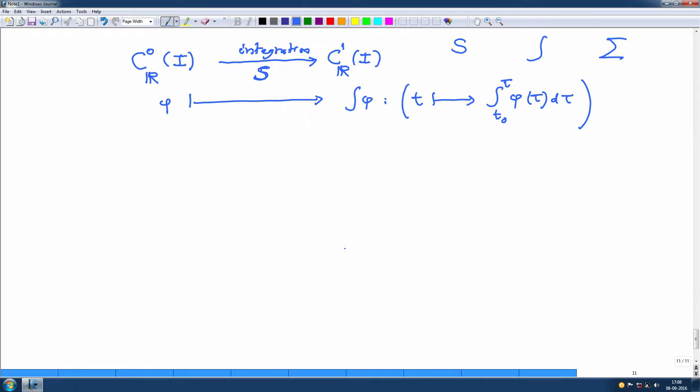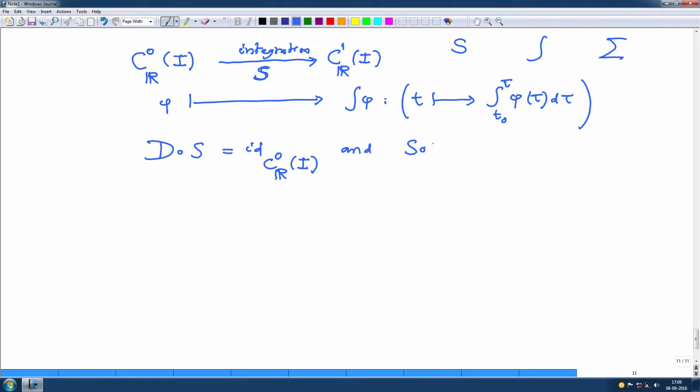So this is a map, and now what the fundamental theorem says is, if you decompose S, see the D operator was here and then composed with S, that is nothing but the identity operator on C0(I, R). The other composition also makes sense.